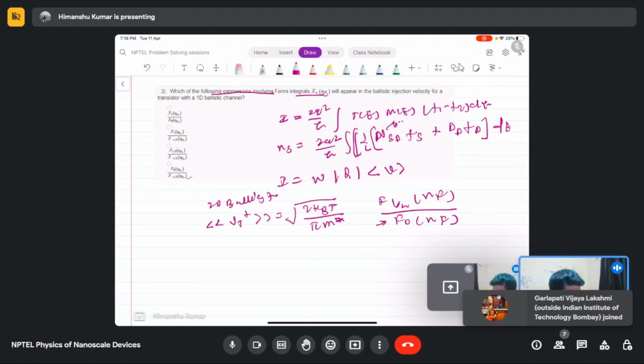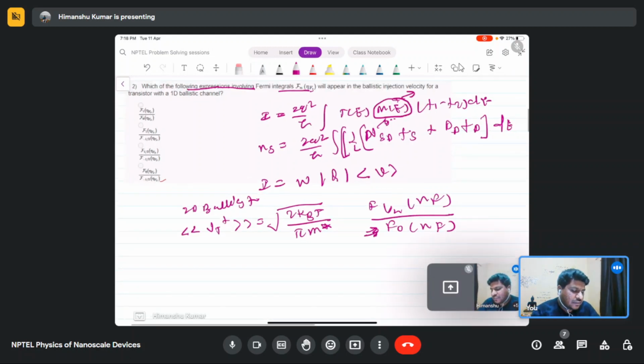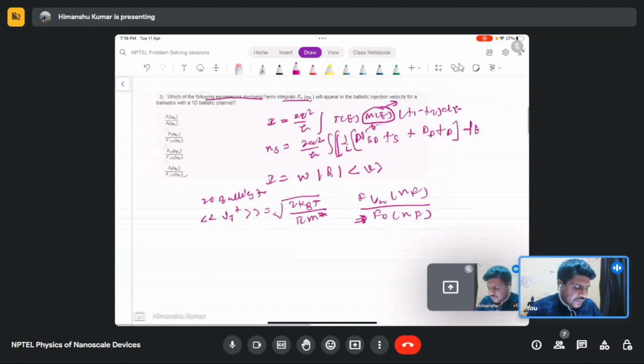In the current equation, this is the number of modes, so for a 2D MOSFET the modes will be proportional to the energy level, since it is the integration. So then this will come out as a first order integral.